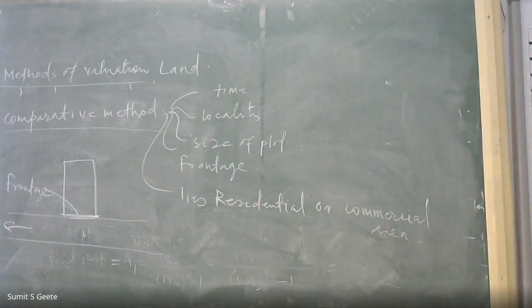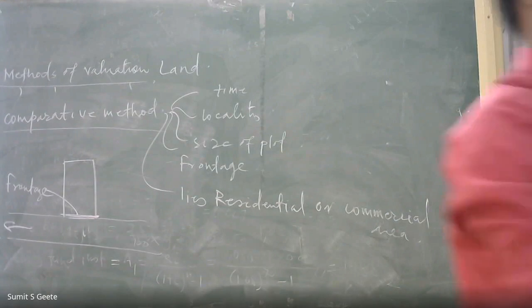Suppose Ramdaspet has a commercial part and also a residential part. If you take the Central Bazaar Road, going towards BNIT from Loknath Square, it is a commercial asset, though the locality is the same, Ramdaspet. And if you go to the back side of Somalwar High School, it is a purely residential area. Clear? So in the same locality, you have a bifurcation of commercial and residential.